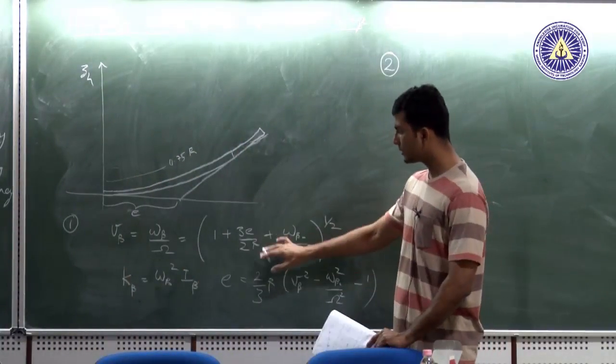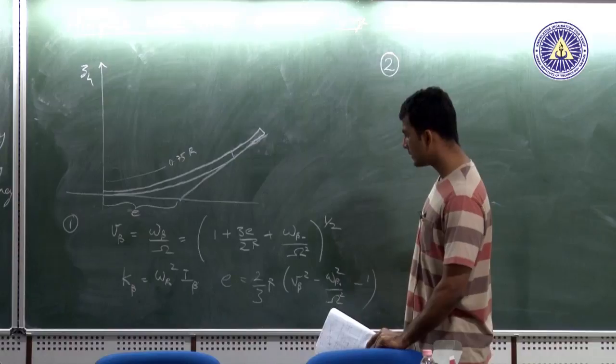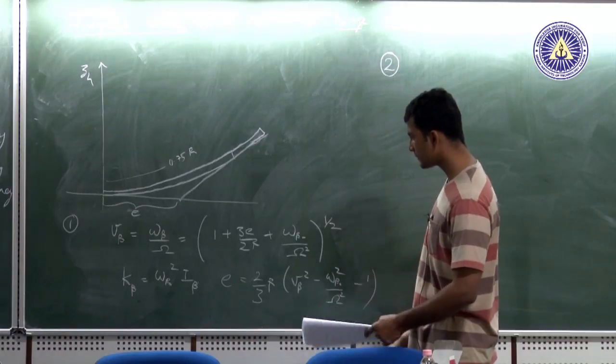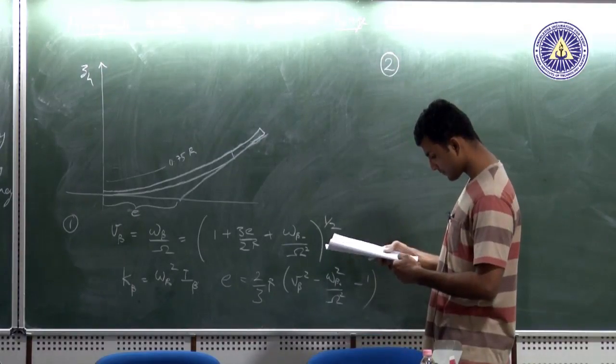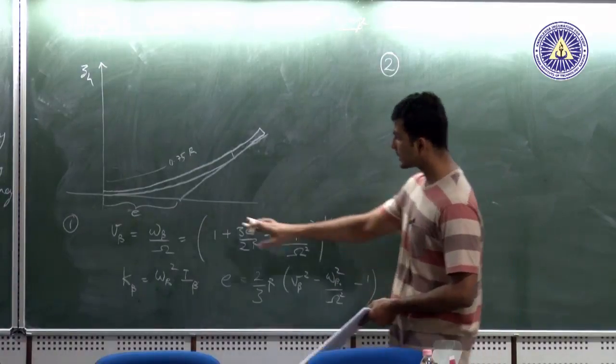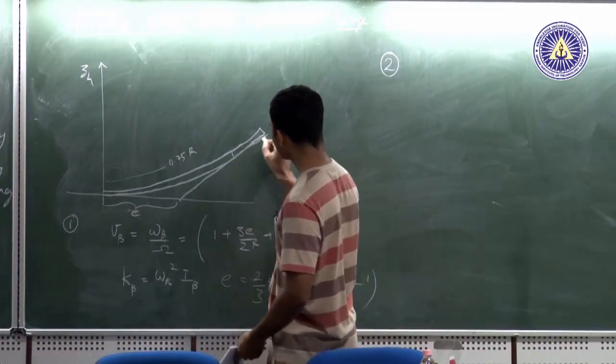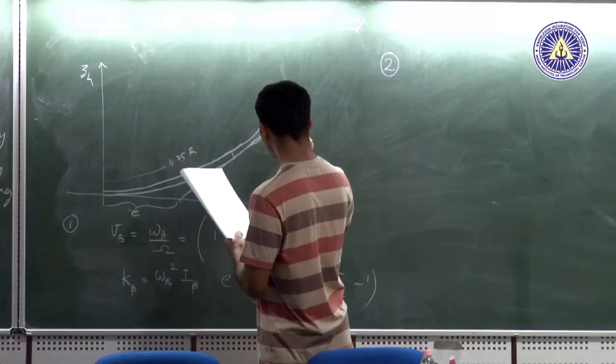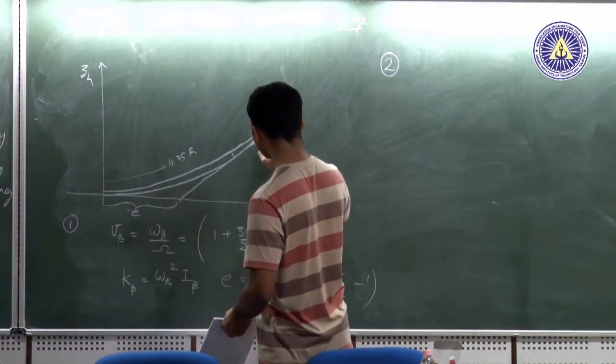Okay. And once you have your E, this can be easily expressed as, let's say the slope is given by dou, let's say the deflection is like this.